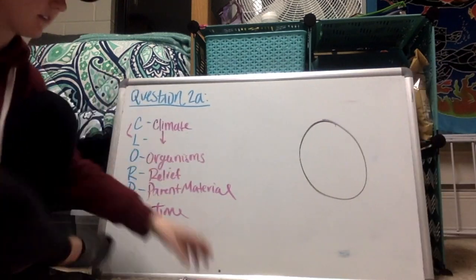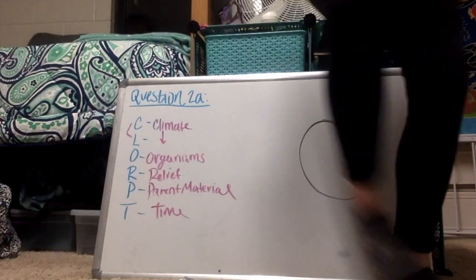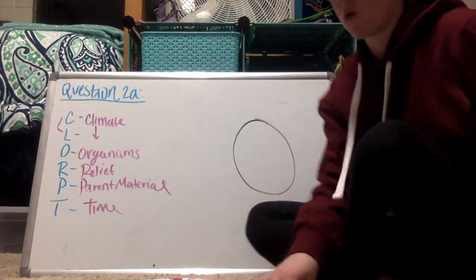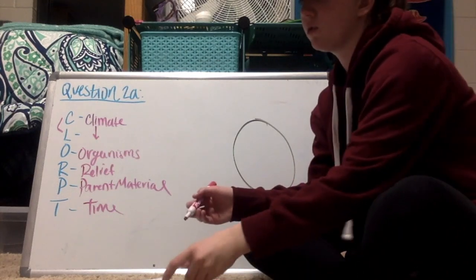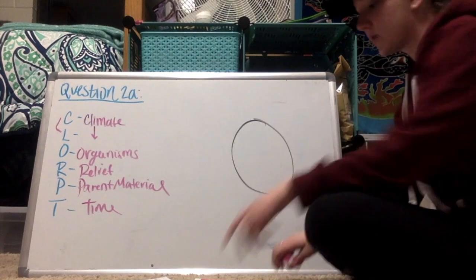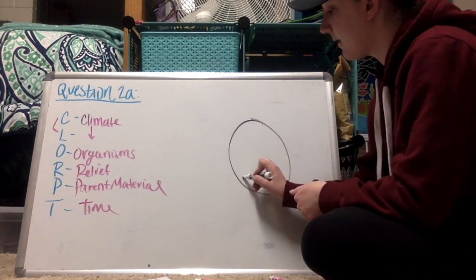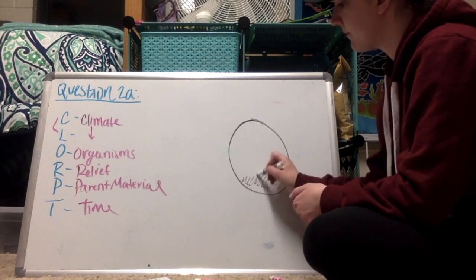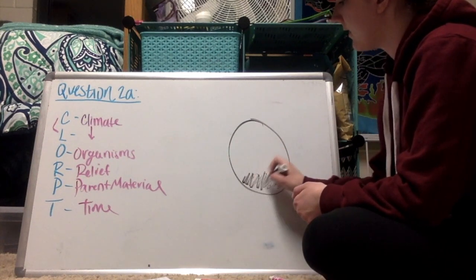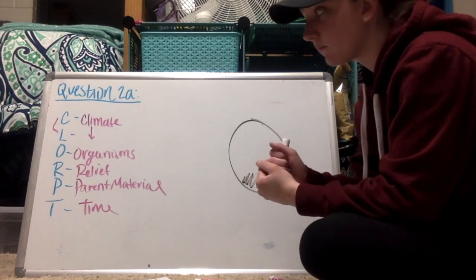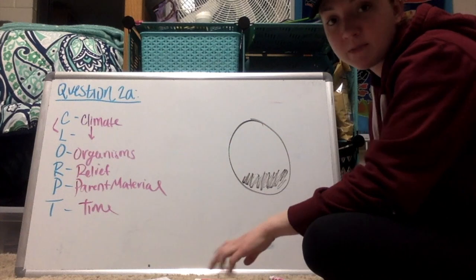So I'm going to go on the other side. Okay, so now to draw the model, first we have to start with the soil. The soil is obviously at the bottom. And like I was mentioning over there in the CLORPT, there are different organisms that live in the soil.